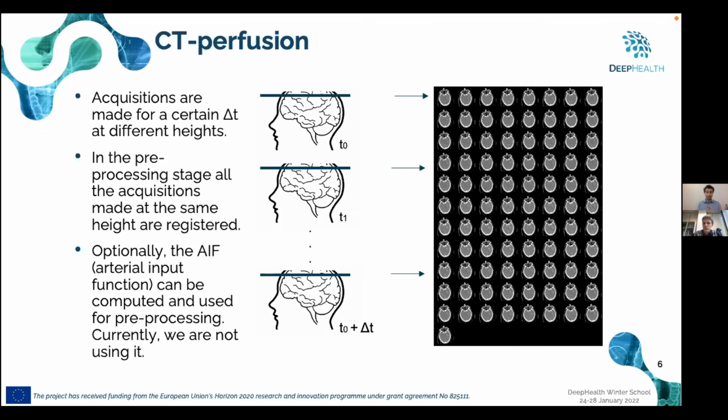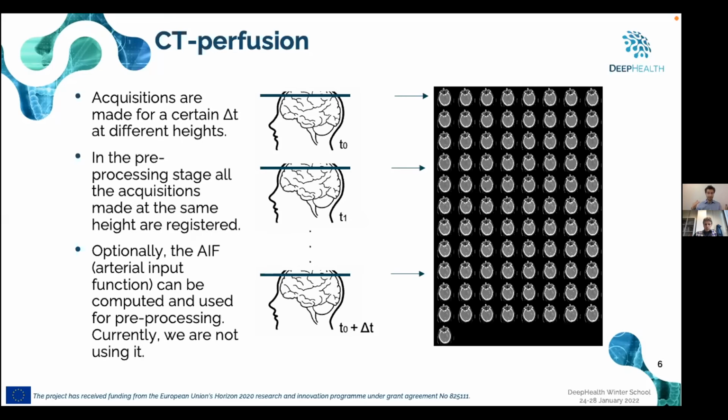We need to undergo a particular exam, which is the CT perfusion. What is it? From a very oversimplified point of view, it involves a very elevated number of scans of the brain, in this case in particular. I personally worked with some of this data, and we're talking on the order of 80 acquisitions per different level.